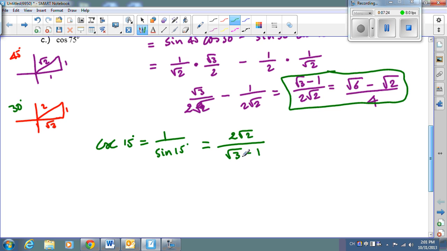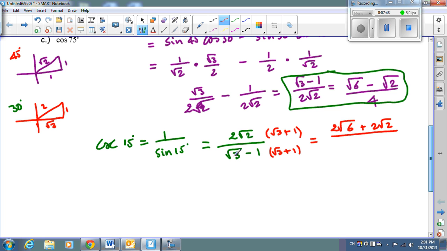This is definitely fine. Or you want to make it fancy, you multiply top and bottom one by square root of 3 plus 1. That's again, once again, to make it fancy. That will be 2 times square root of 6 plus 2 square root of 2.